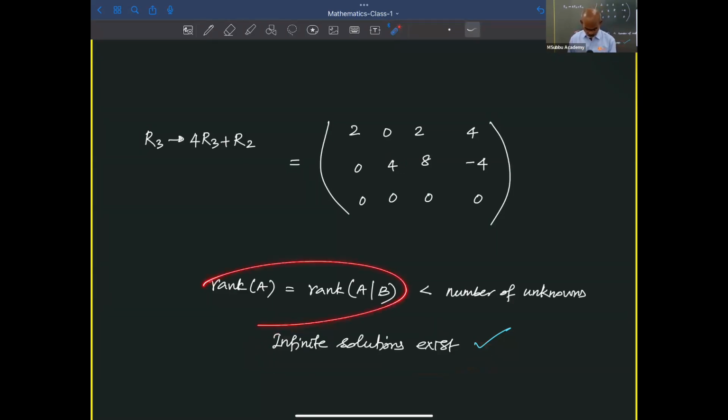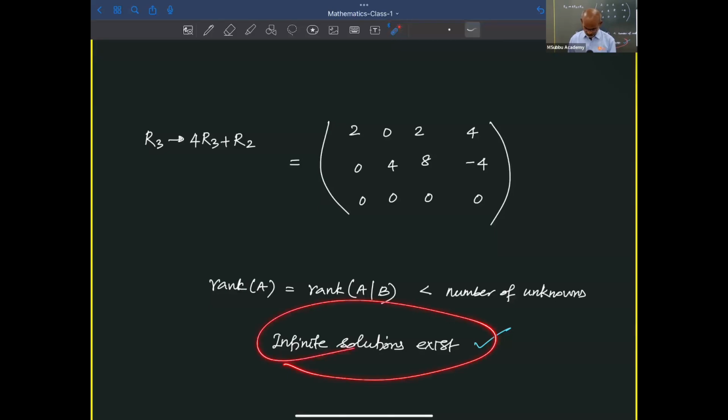For infinite solutions, this is the condition: rank of A should be equal to rank of AB, and it has to be less than the number of unknowns. So 3 unknowns are there, only 2 equations are there. That is the meaning of this: 2 independent equations, so you'll have infinite solutions.